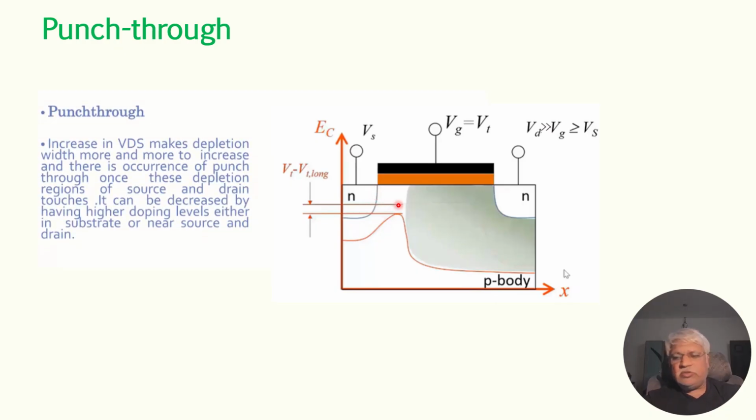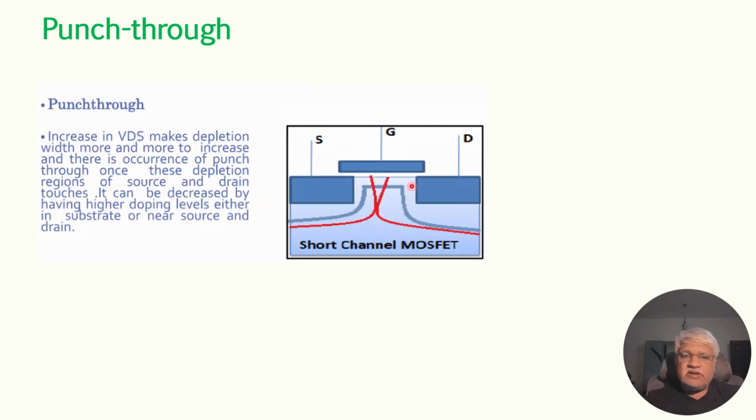So now let us consider another scenario wherein the drain voltage is further increased. Then what happens is the depletion layer will come so close to the source side depletion layer region, and hence the electrons here will punch through and will reach the drain.